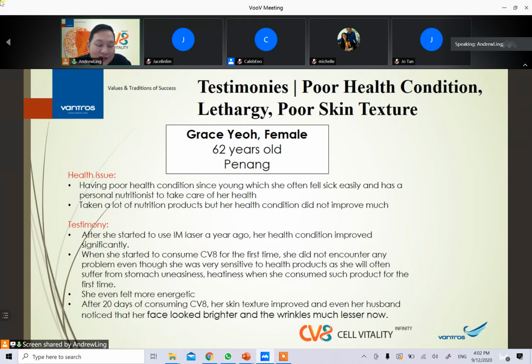And after 20 days of taking this CV8, her skin texture improved, and even her husband noticed, not herself, that her face became brighter and the wrinkles were much fewer. That is why, as I told you just now, the high antioxidant ingredients with the pomegranate, which contains a lot of nutrition for women's beauty, give you this type of effect.